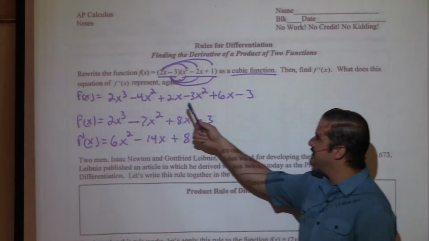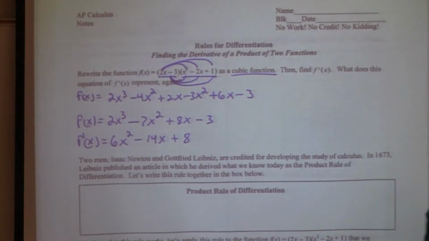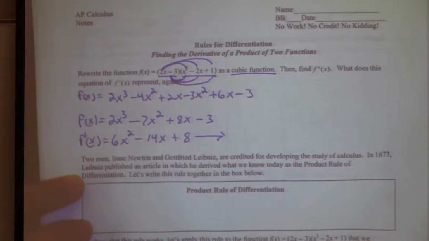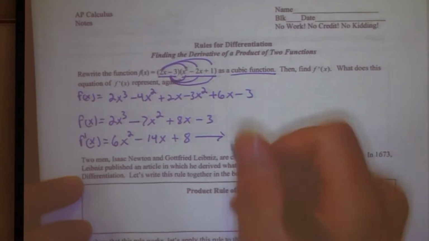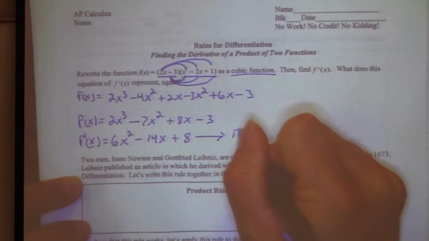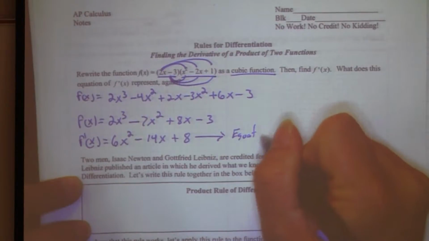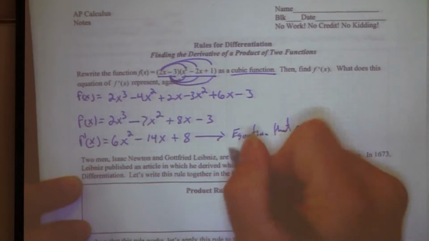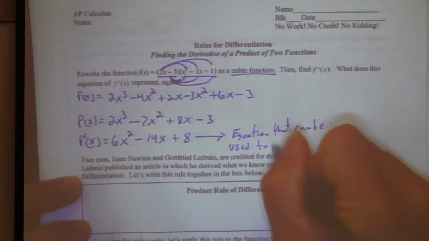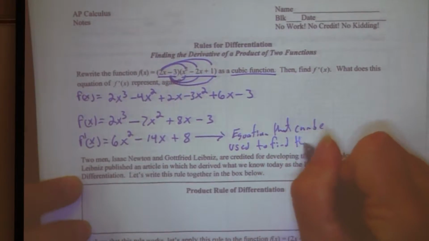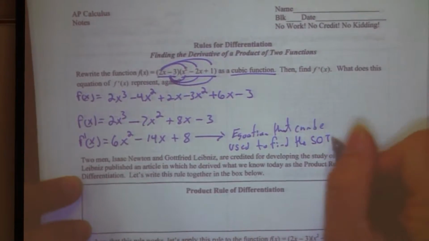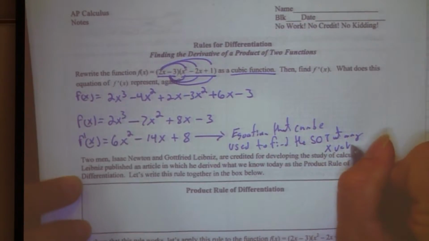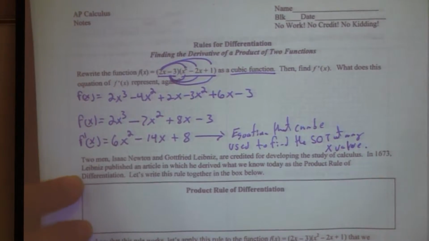What does the equation of f prime represent again? What does this equation represent? The slope of the tangent line at any point. So it's an equation that can be used to find the slope of a tangent line at any x value, right?